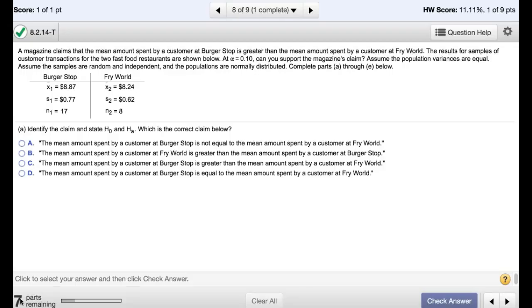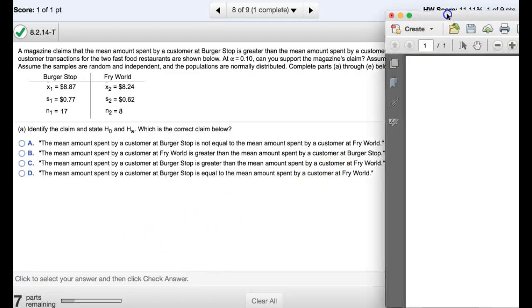These are important because the null hypothesis is the hypothesis that we're going to use to either reject the claim being made by the magazine, or to fail to reject it, meaning to support it.